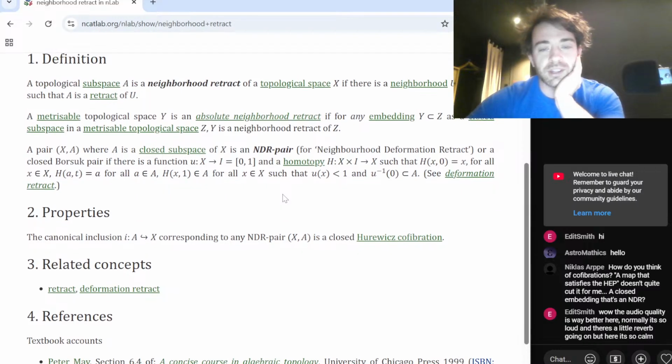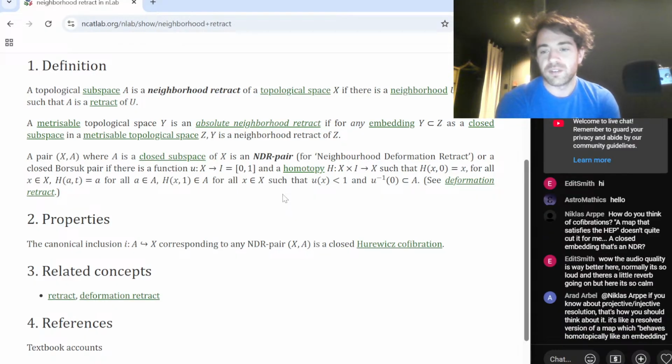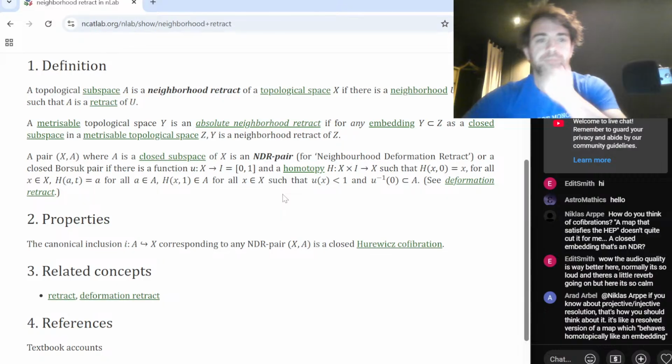I do think about them in terms of the homotopy extension property, but I don't work with them a lot. If you know about projective injective resolutions, that's how you should think about it. It's like a resolved version of a map which behaves homotopically like an embedding. Right, that makes sense with the vague intuition I have.